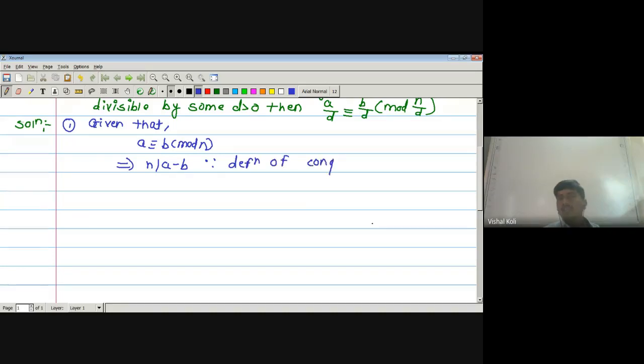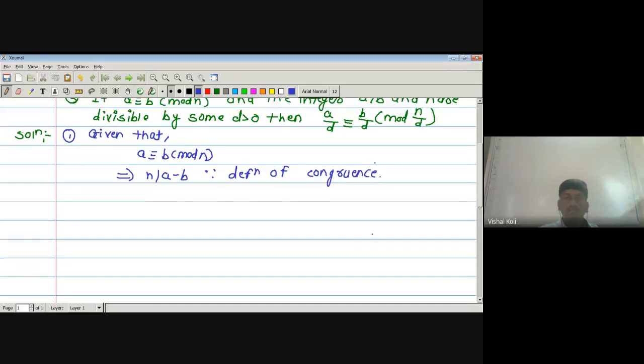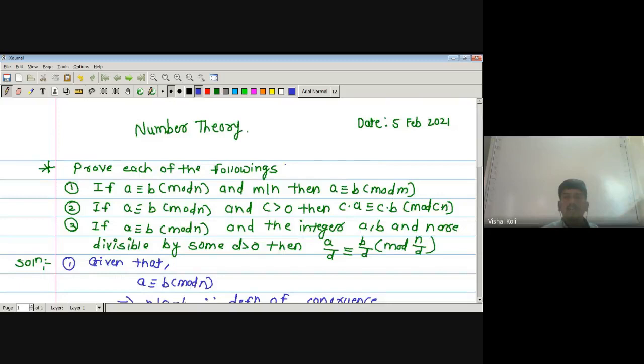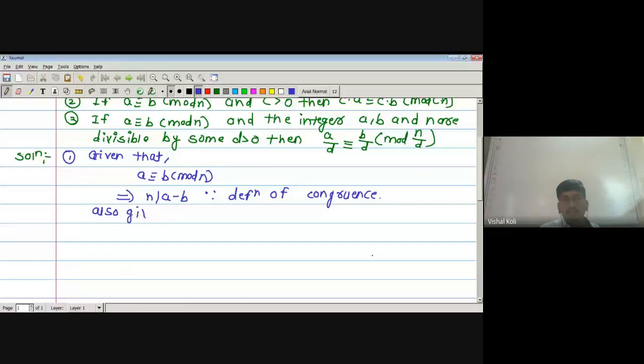And also it is given that m divides n, that is in first statement it is given that this one m divides n. So here we get m divides n and n divides A minus B.